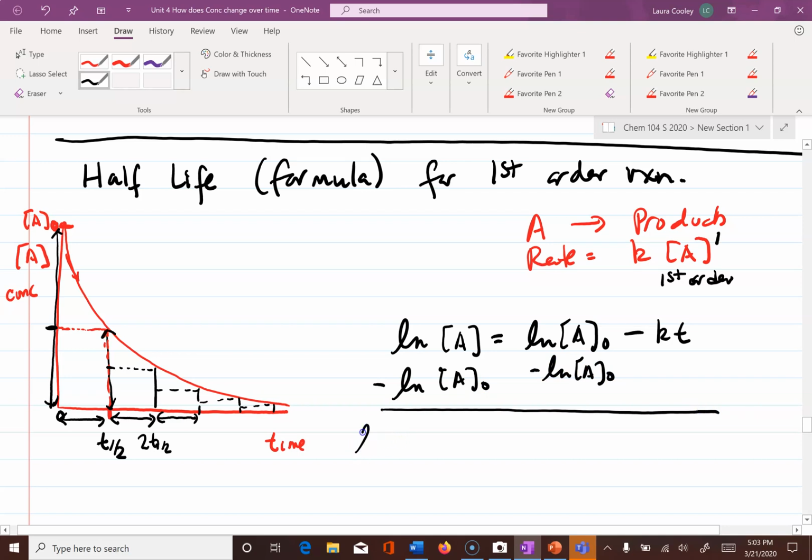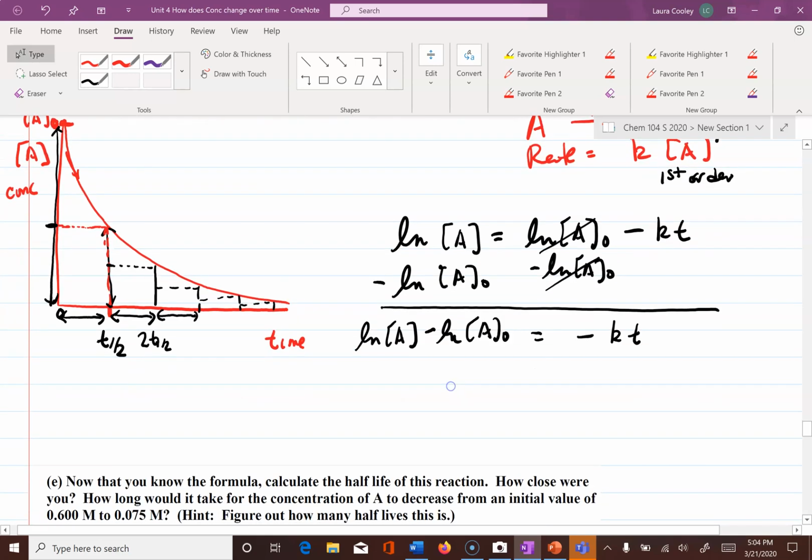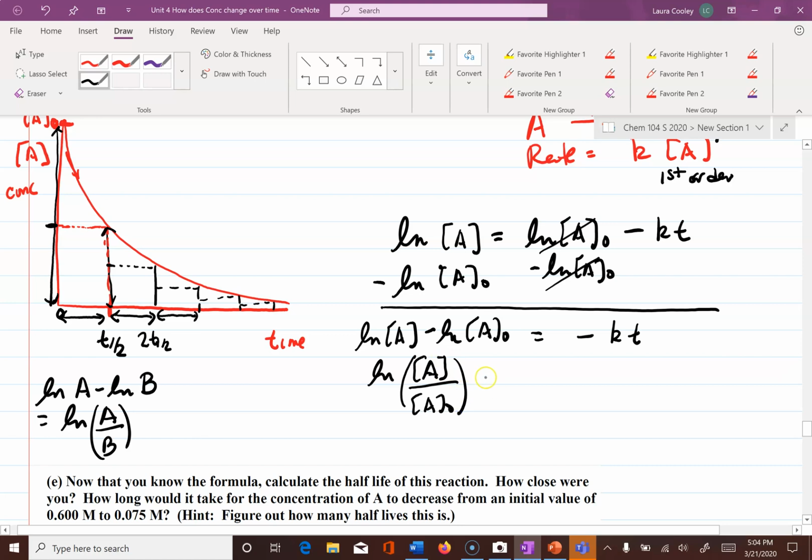So on the left now, I'll have the log of the concentration minus the log of the initial concentration, equaling minus kt. Then I'll use the rule of logs: the log of A minus the log of B is the log of A over B. So this becomes the log of A over A0 is minus kt.